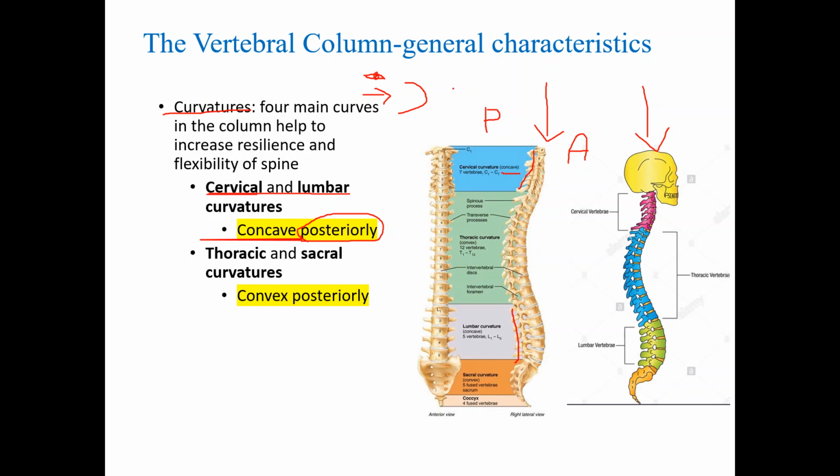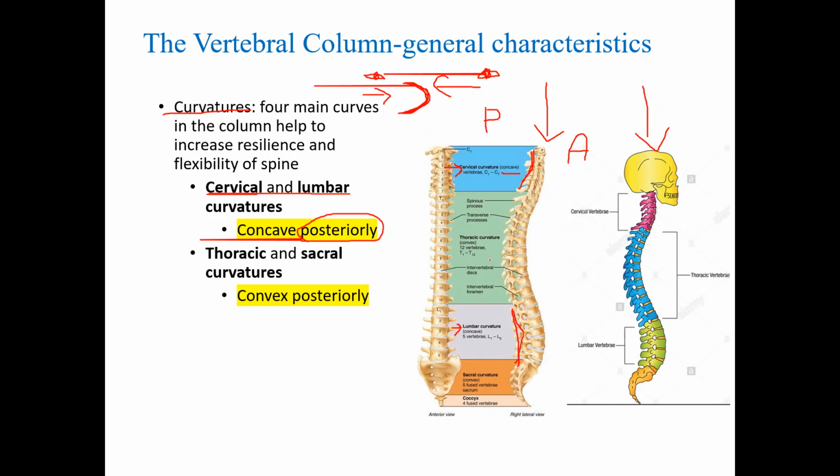If I were to look from the opposite point of view, with my eye here instead, the other way, this would be convex. These are just general terms, so you should know. So looking from a posterior point of view, the cervical and the lumbar curvatures are concave. See the concavity here, 1 and 2.